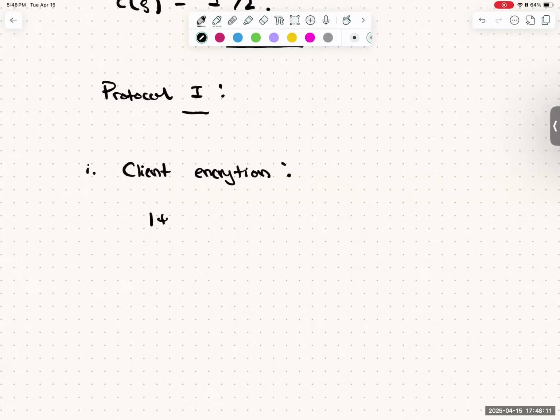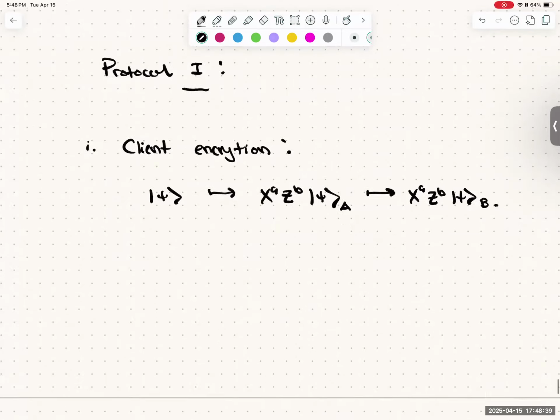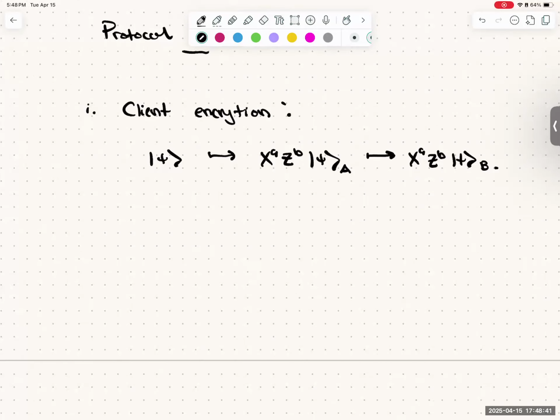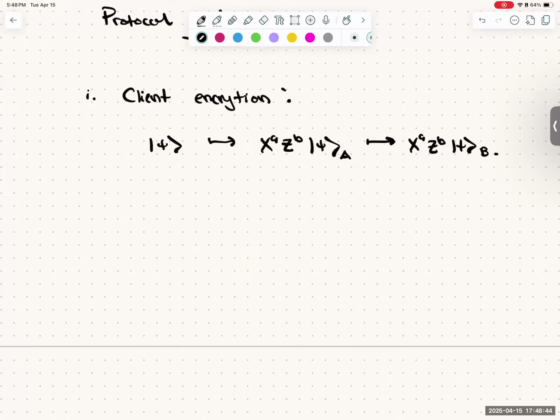So for each qubit that's in the circuit, the client applies this random unitary like this, and then sends it to Bob. I'll say A to show that this is in the possession of Alice at first, and then this is sent through some communication channel to Bob, just to make explicit that now Bob has access to the qubit.